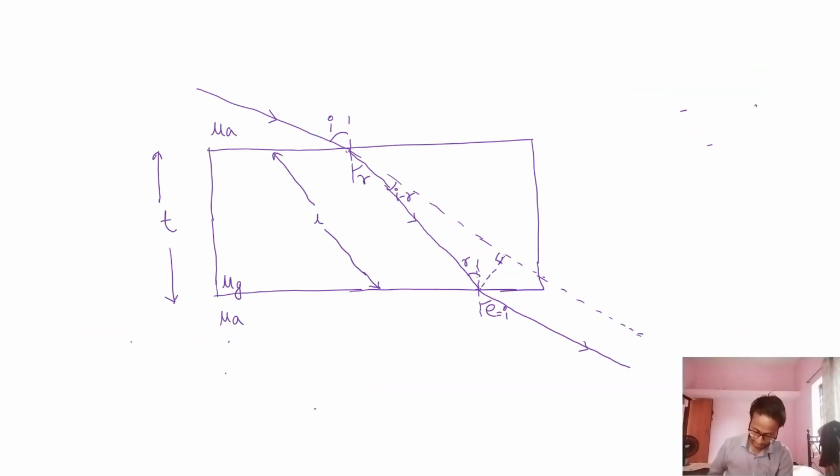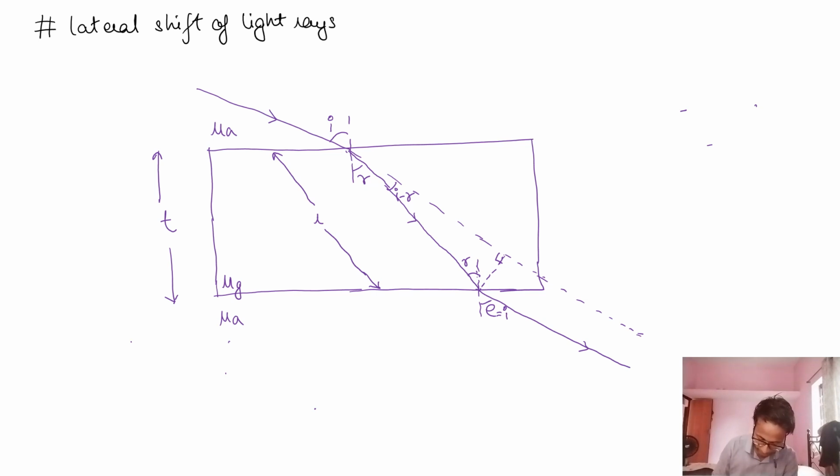In the previous topic what we studied is normal shift. Now what we are going to study is lateral shift of light rays due to glass slab.